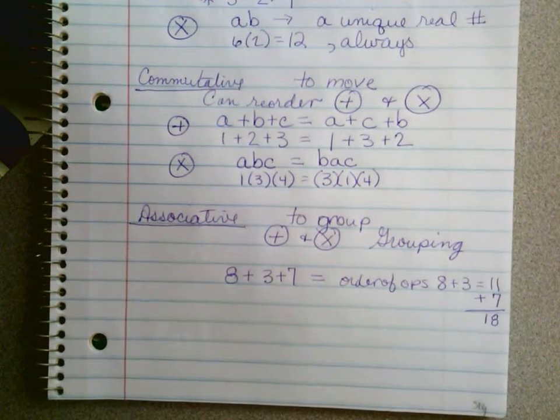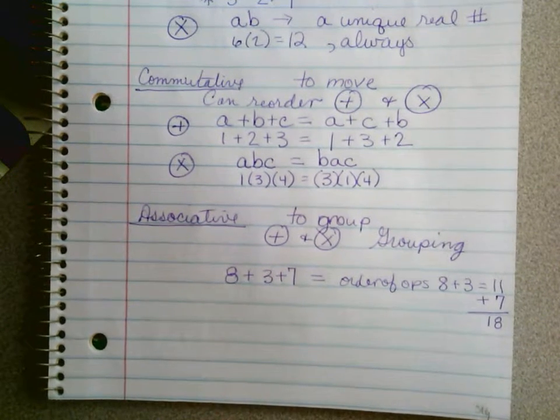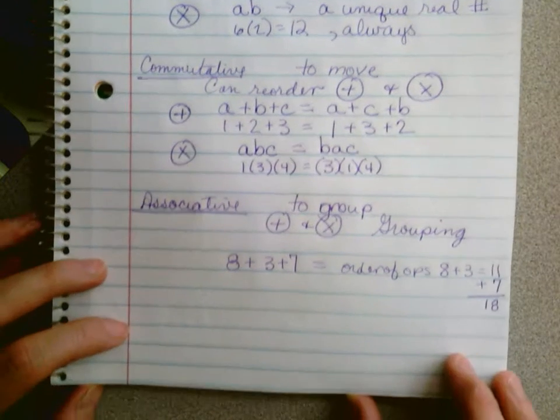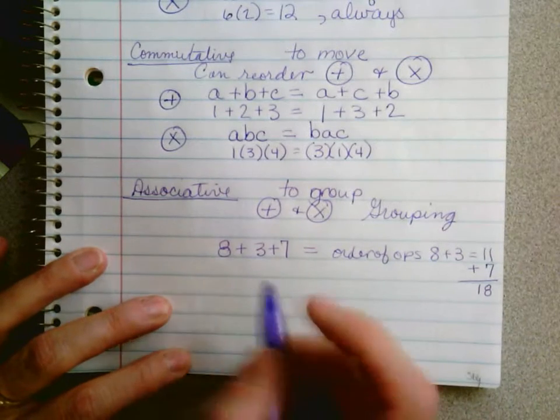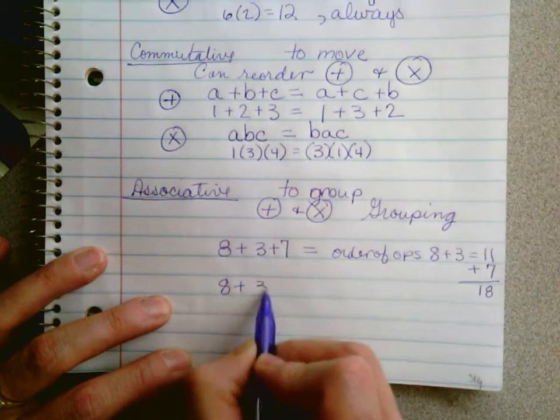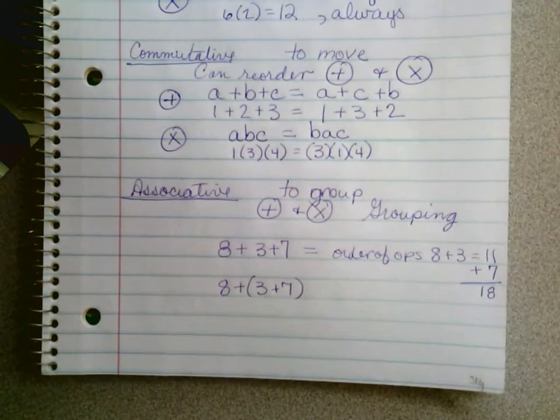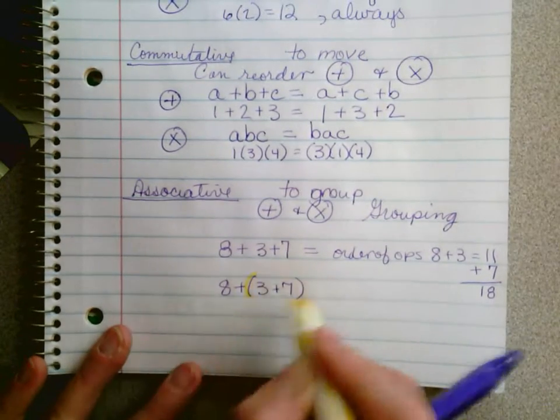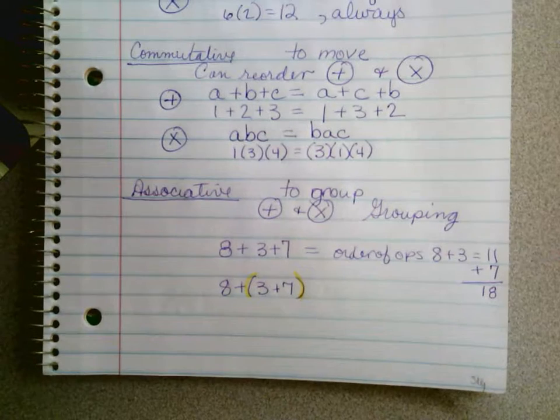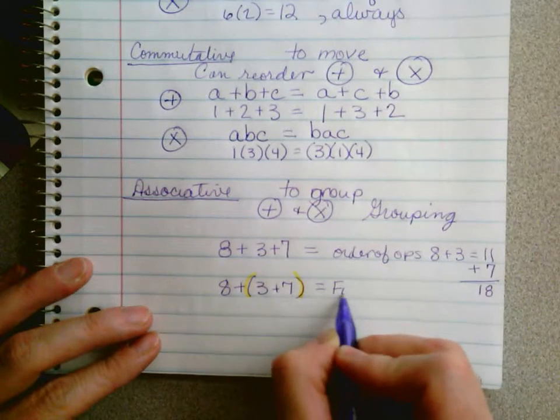Most of you know that. That's what the order of operations tells us to do. But in math, it's oftentimes easier to find tens in things, which means I see a 10 right here. So I just grouped the 3 and the 7, found that 10, and then made 18.